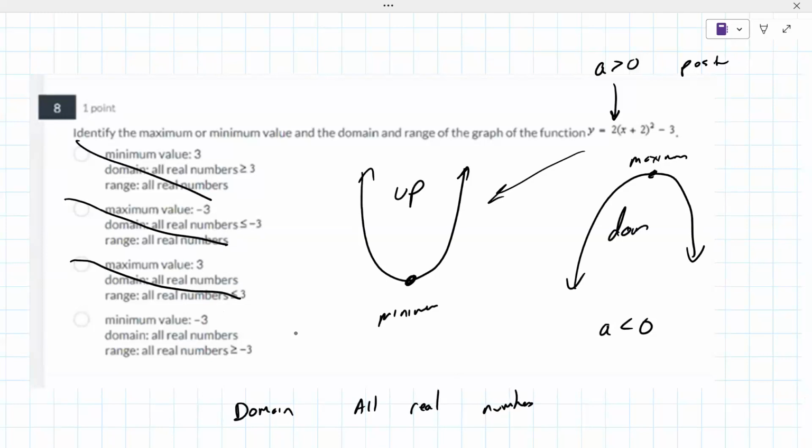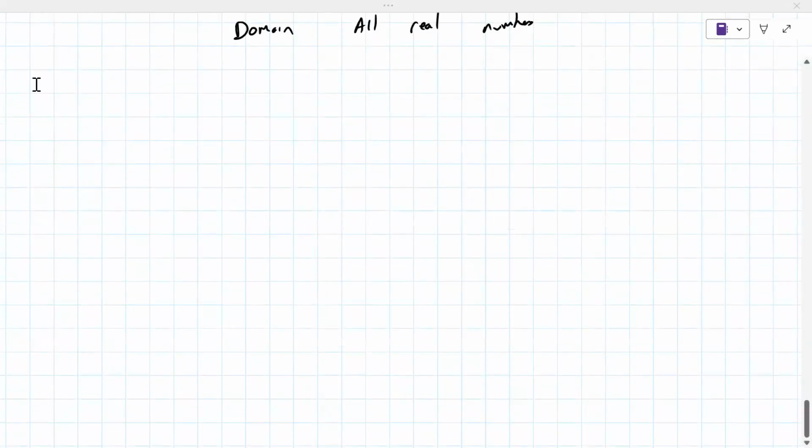This one's got the wrong domain, so it must be letter D. Now we could talk about actually finding the minimum value. We could talk about the range, but we maybe get to that when we need to. So there's one more question here, 9.